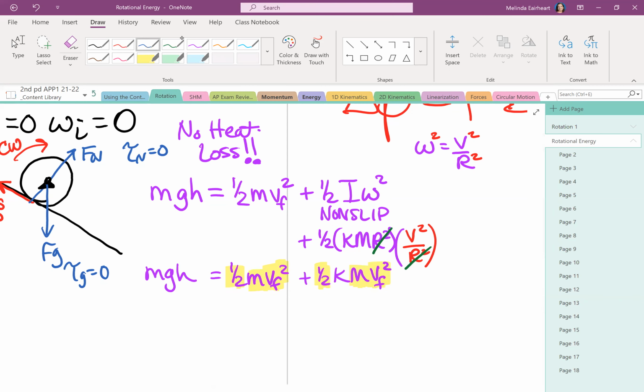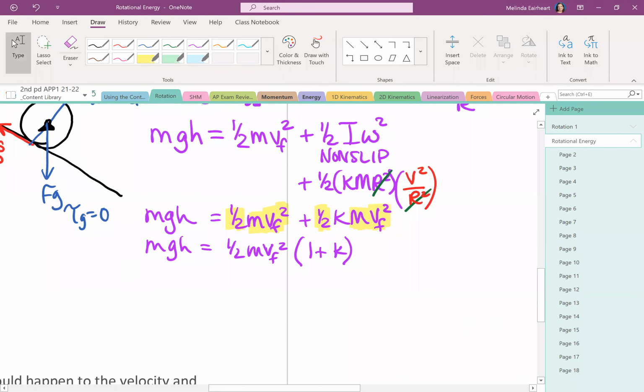Okay, and so to factor that out, we get mgh equals 1/2 mv final squared times 1 would remain plus k. And we could write one more statement. What also happens? Mass cancels.